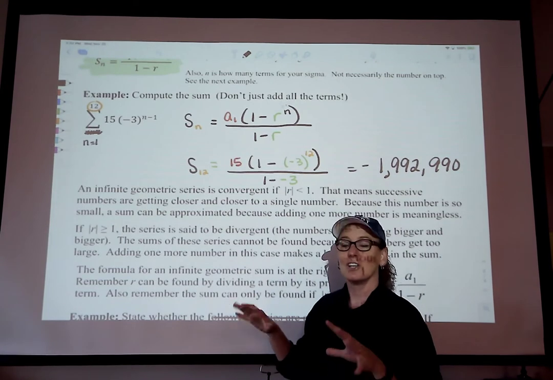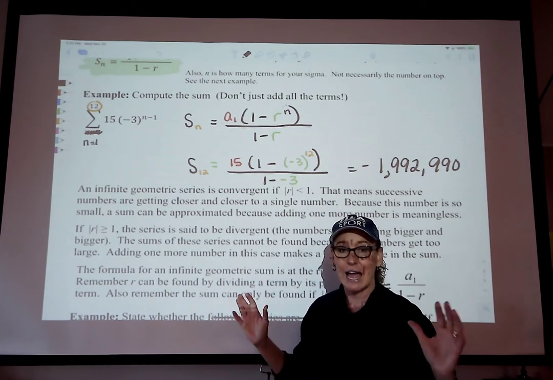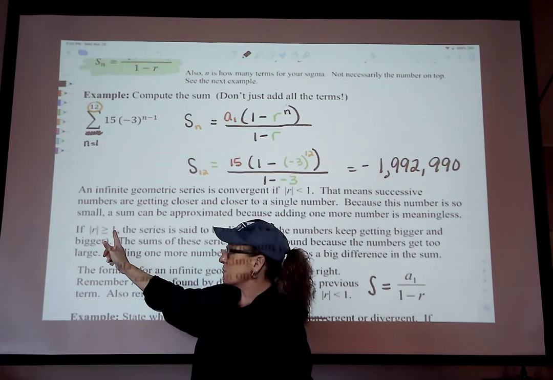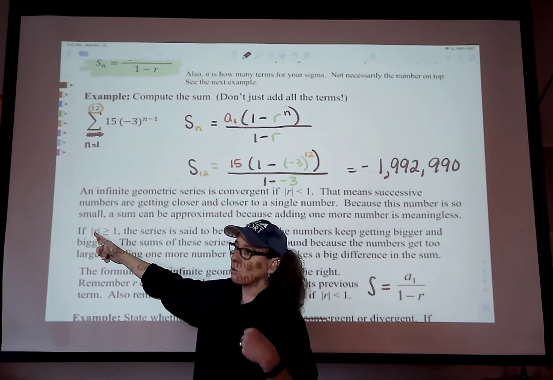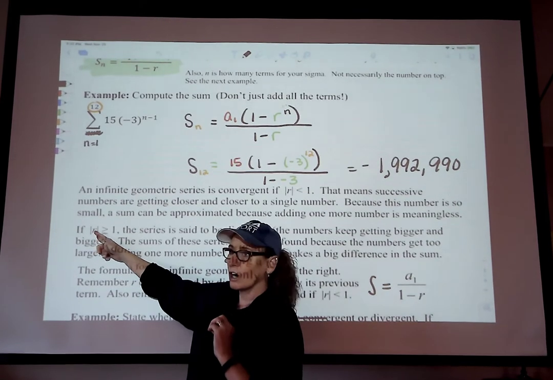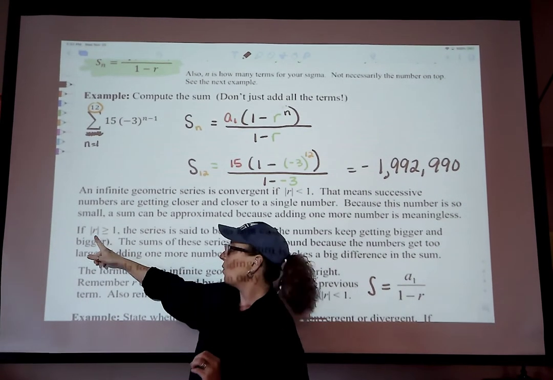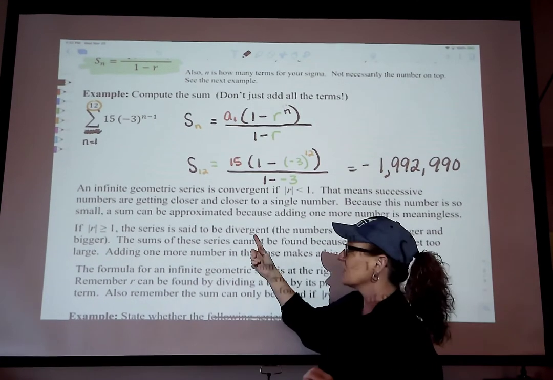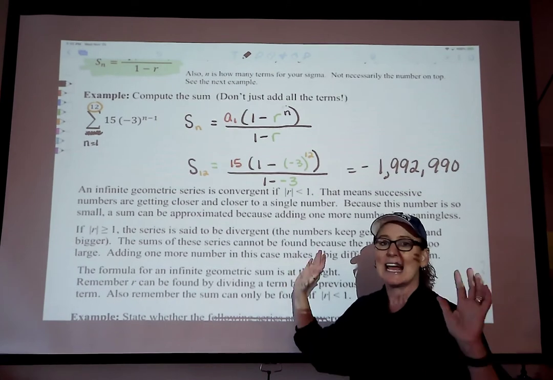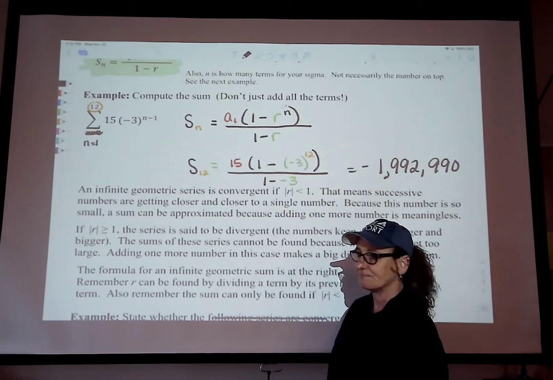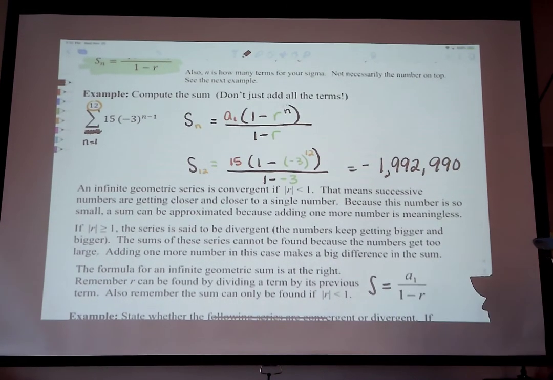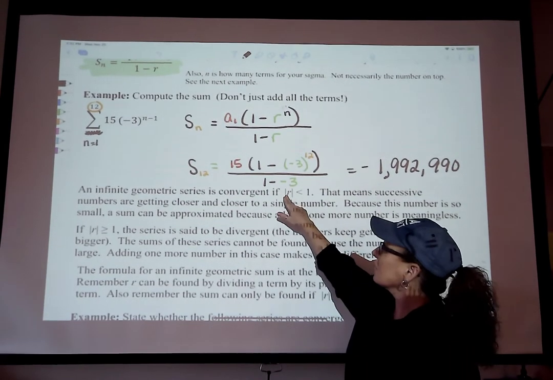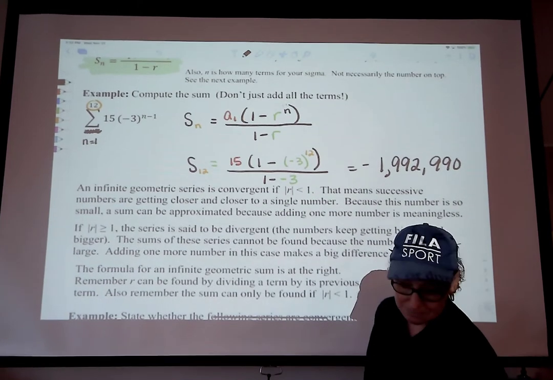The series is called a convergent series, meaning we can add them all together. If the absolute value of R is bigger than 1, so if R is like 2 or negative 3 or negative 1.1 or 1, the series is divergent and we can't add all the terms together. So whether you can or you can't, you're looking at R. The absolute value of it has to be less than 1.